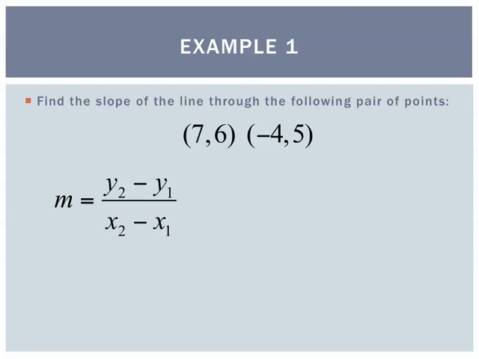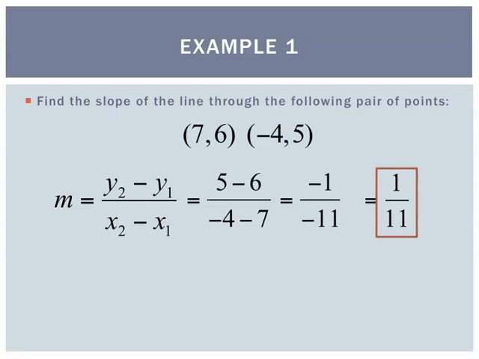So for example, I'm going to label 7, 6, x1, y1, and negative 4, 5, x2, y2. So now I'm going to have 5 minus 6 over negative 4 minus 7. So that comes out to be negative 1 in the numerator, negative 11 in the denominator, and that's equal to positive 1/11.